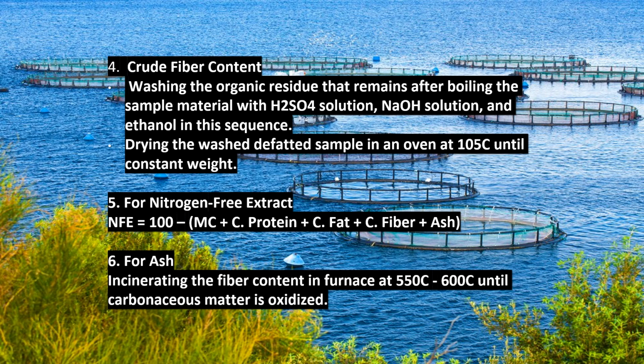For nitrogen-free extract, it is equal to 100 minus the sum of the moisture content, crude protein, crude fat, crude fiber, and ash. And the last one, for ash, incinerating the fiber content in a furnace at 550 Celsius to 600 Celsius until carbonaceous matter is oxidized.